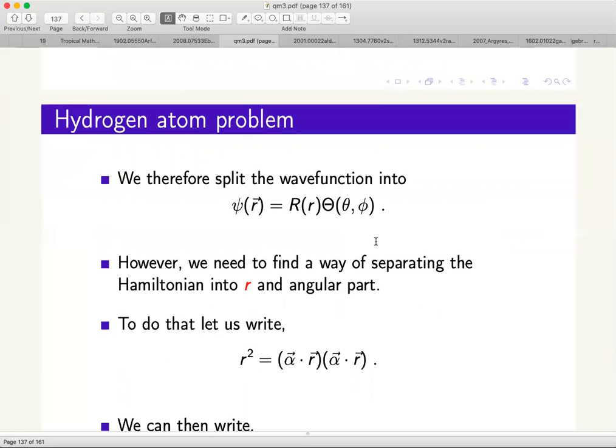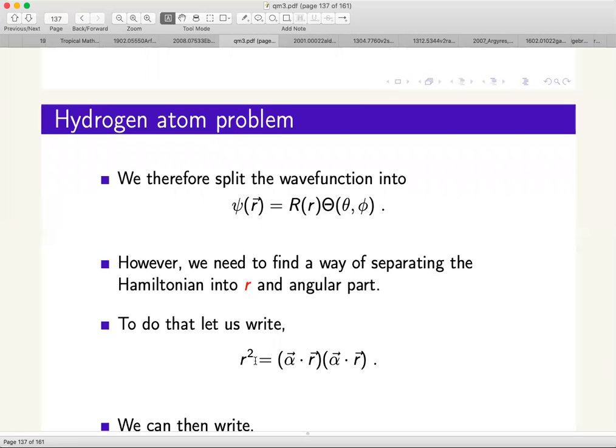But to be able to do that, we have to show that the Dirac Hamiltonian actually separates into radial and angular pieces. So what we did was a few simple tricks to segregate the angular parts from the radial part.